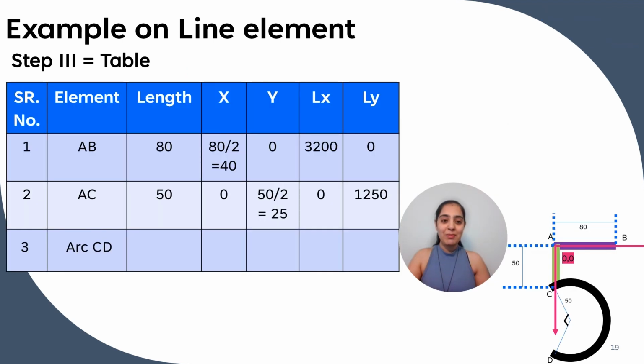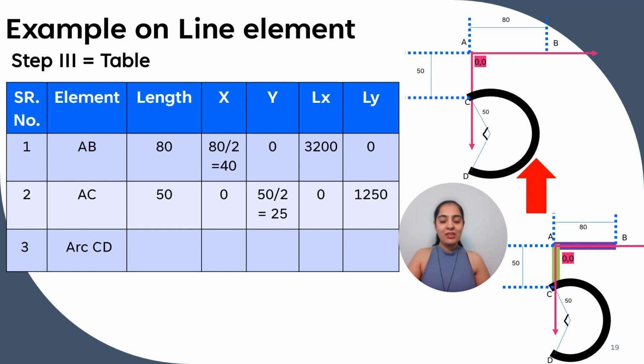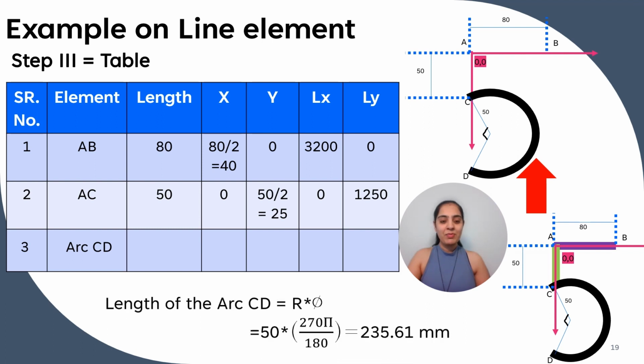Now back to the table. See, we have separated the arc. We know length, we already calculated it to be 235.61. What is x?